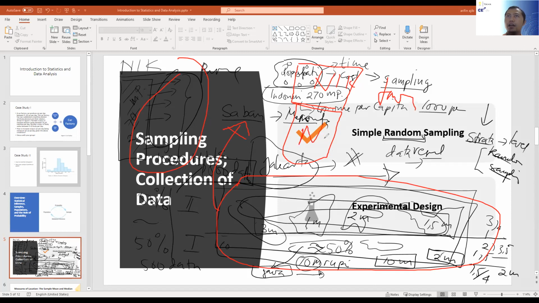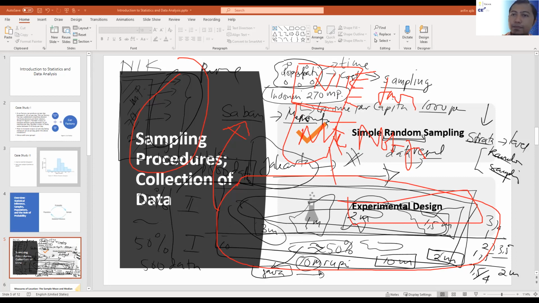This is NIK not Java. And then after that, you generate sampling. This kind of method, this kind of procedure, we can say experimental design. So the experimental design is the way you generate the data, something like that.